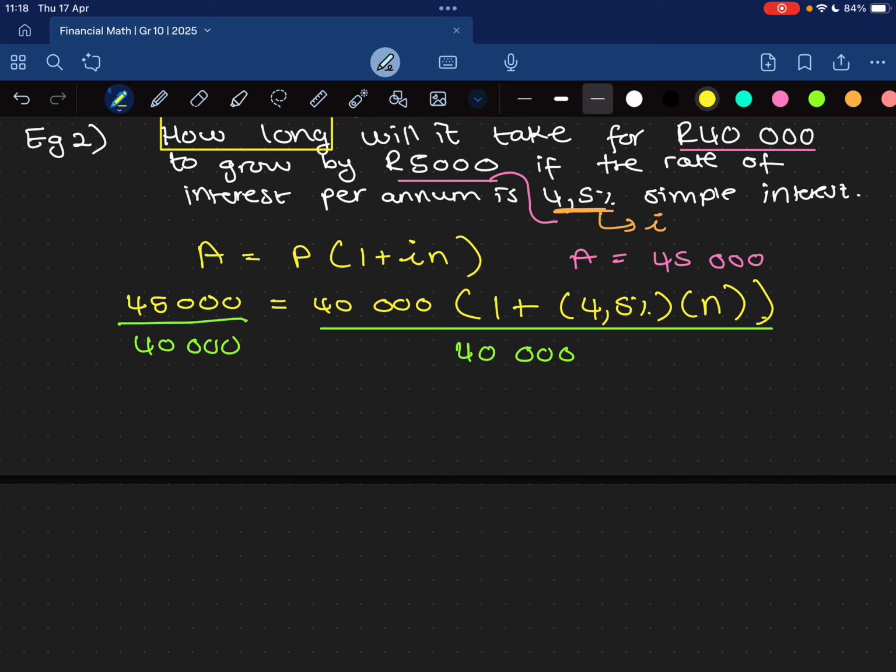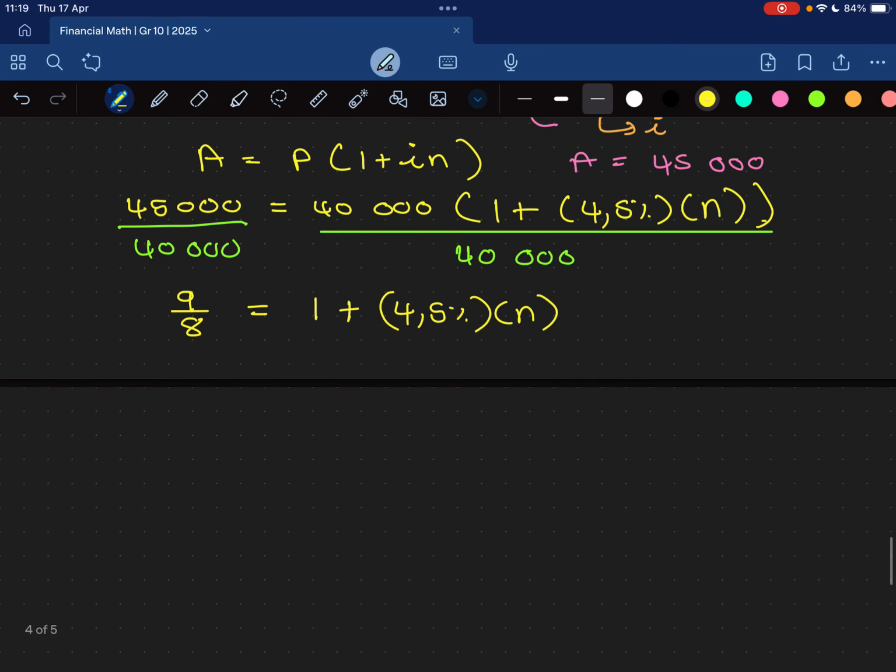So we'll have 45,000 divided by 40,000, and we'll get 9 over 8. So 9 over 8 is equal to 1 plus 4.5% multiplied by N. Now again, we're going to use our basic algebra. So we're going to minus 1 on both sides.